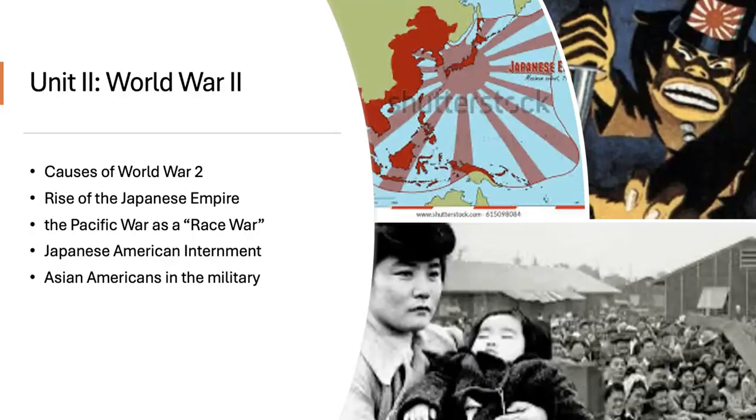So the contradiction is glaring. This is almost like a moral dilemma they face. How should the young Japanese Americans involved in the military approach this? These are questions that we'll examine later in this course.